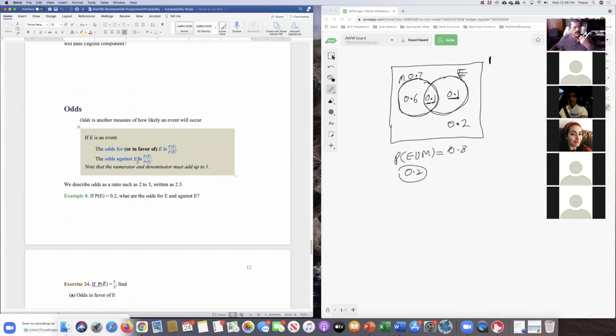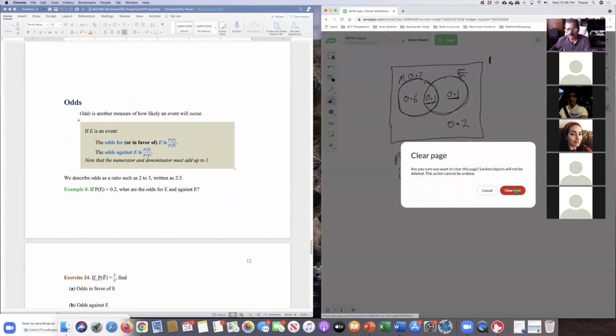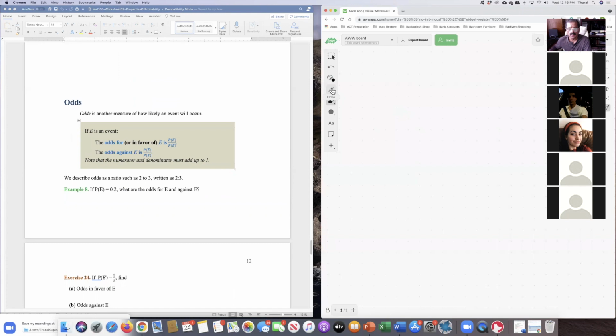Okay, so let's go to odds. Odds is just another measure of how likely something will happen in the future. It's just a different measure of the likelihood of an event, and I'm going to define what that is. Odds in favor of an event happening is equal to the probability of that event divided by the probability of the complement.